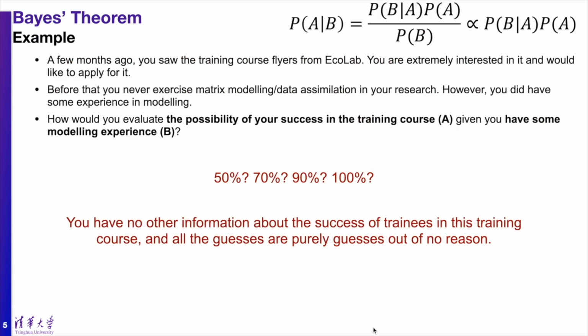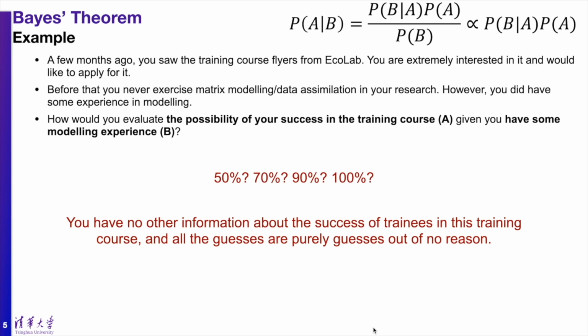Let's have a look at an example to further illustrate Bayes' theorem. Probably a few months ago, you knew that we were going to have a training course. You were extremely interested in it and prepared to apply for it. Before that, you never had experience in matrix representation of the carbon cycle or data simulation, but at the same time, you did have experience in modeling.